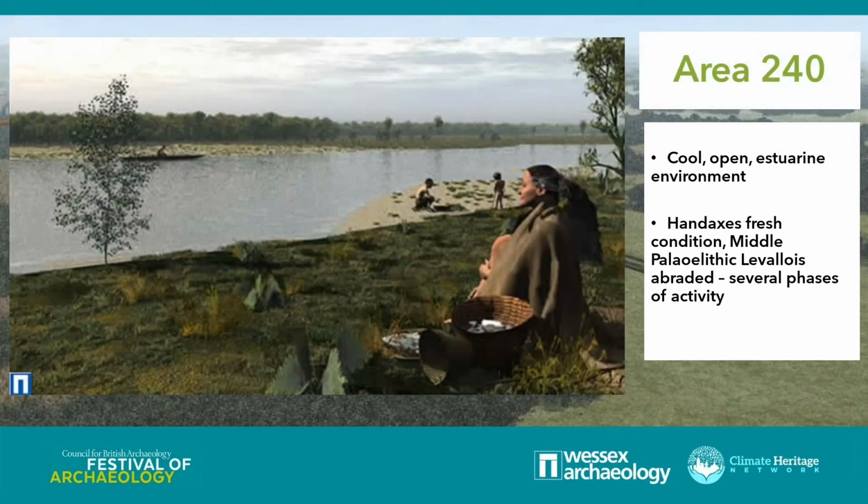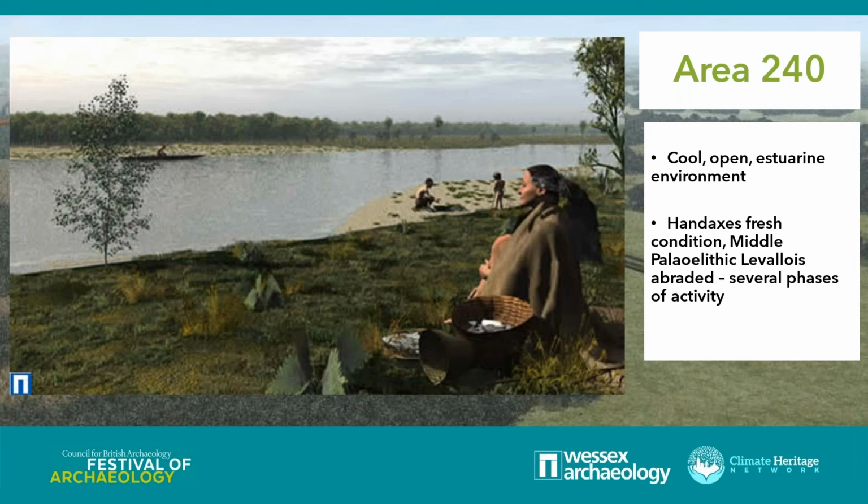In terms of the site itself, reconstructions show that it was a cool, open estuarine environment, towards the estuary of the Paleo River Yare, the estuary as it was then.